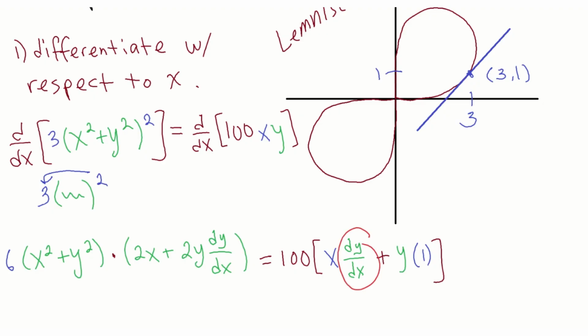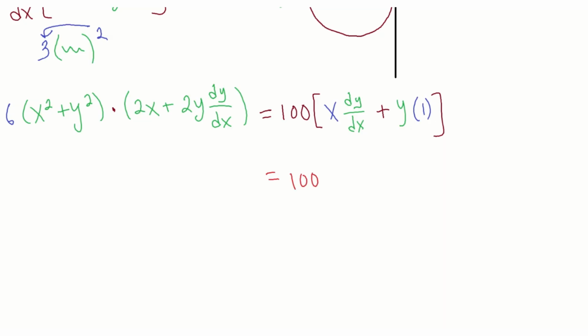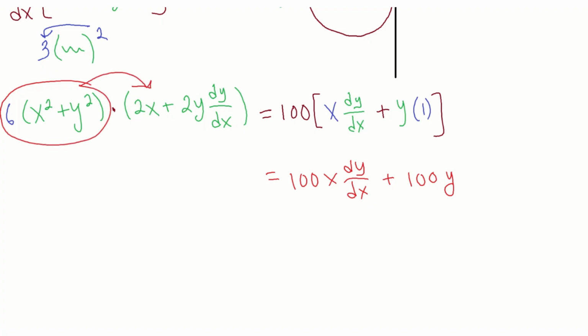Our dy by dx is trapped in these parentheses. So how can we set them free? On the right side, we can distribute this 100 to the stuff inside the brackets. On the left side, we need to distribute this entire term to both terms inside this parentheses.